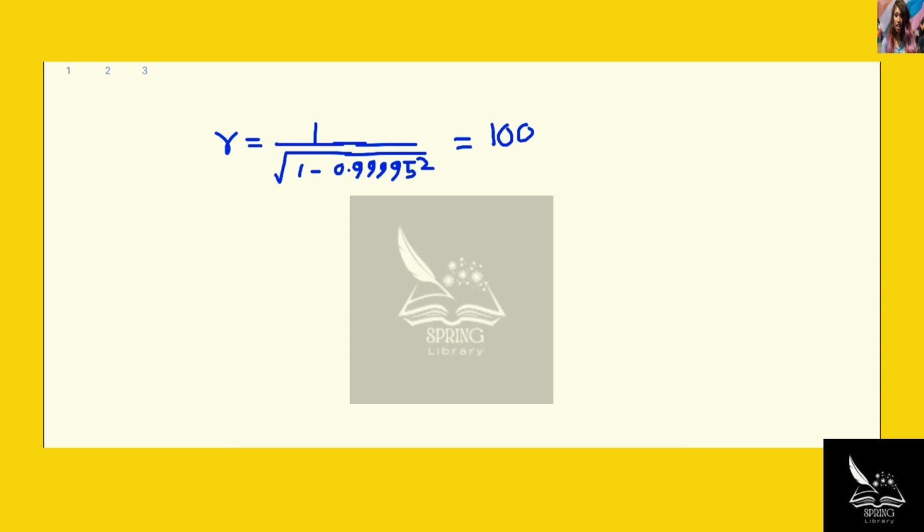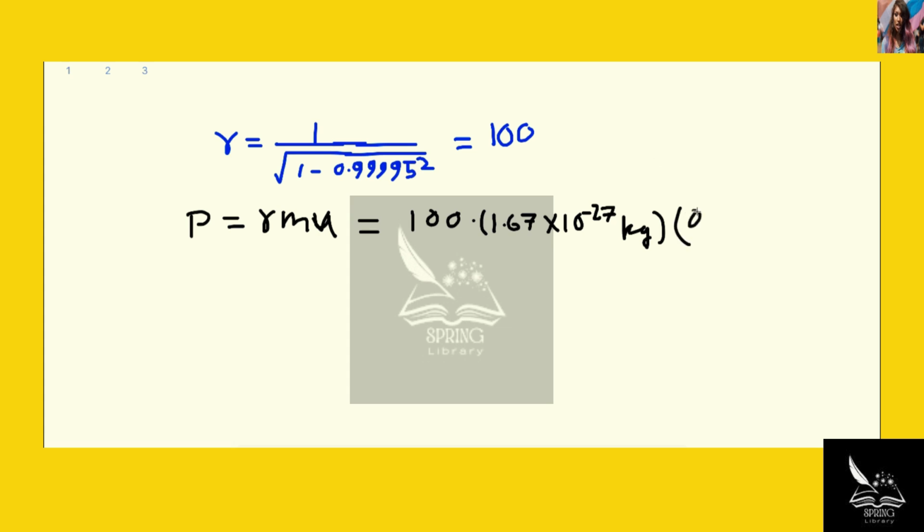And then finally, we use the momentum equation again. So in the reference frame of proton 2, the momentum is gamma mv, or in this case u, which is 100 times the rest mass of a proton, which is 1.67 times 10 to the negative 27 kilograms, times the velocity, which is 0.99995 times the speed of light.